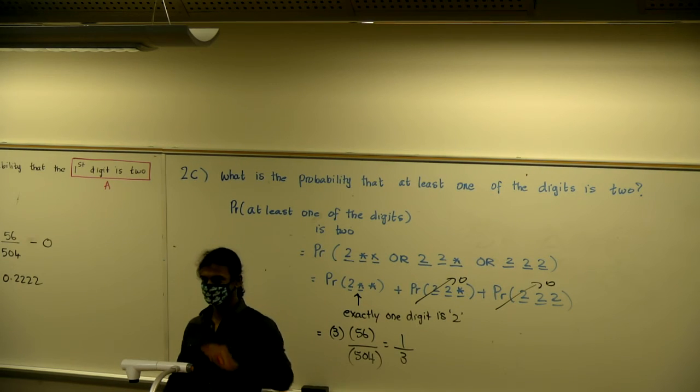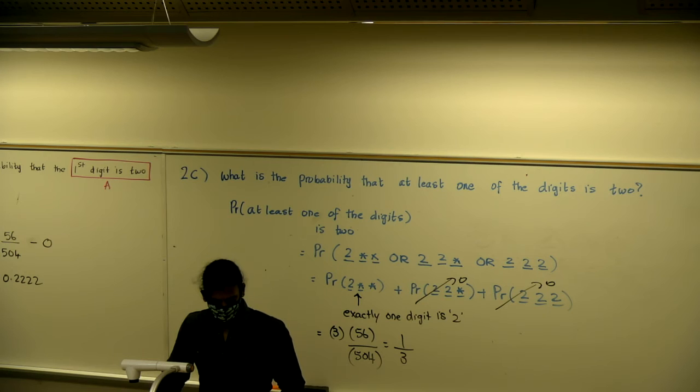There are multiple ways. I did 1 divided by 9, 1 divided by 8, 1 divided by 7. Because in the first option, all 9 numbers are a possibility. The second option, all 8 possibilities are a thing, because you're not replacing it.